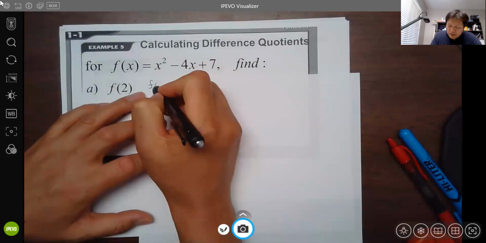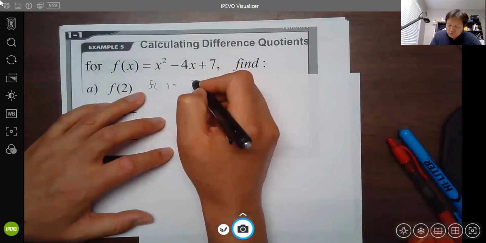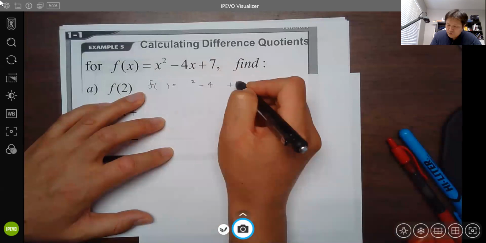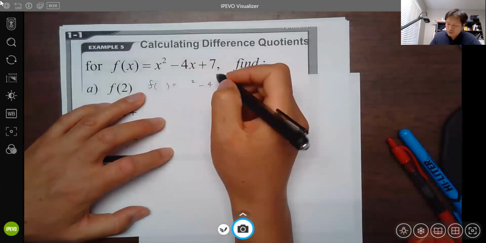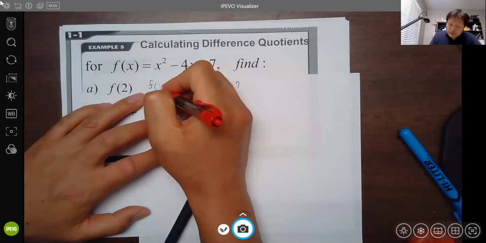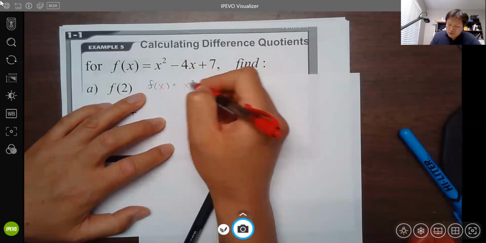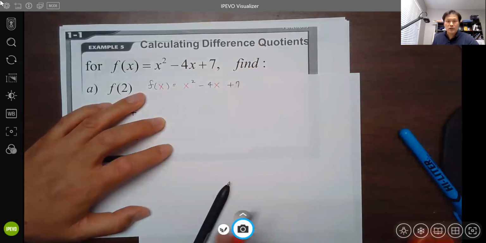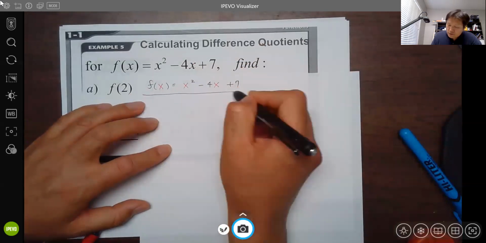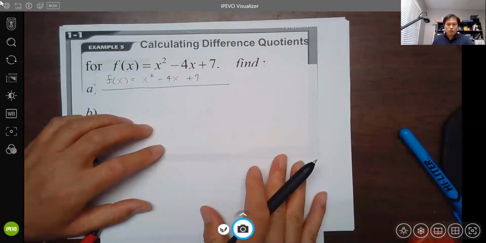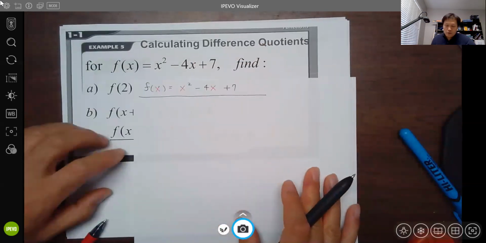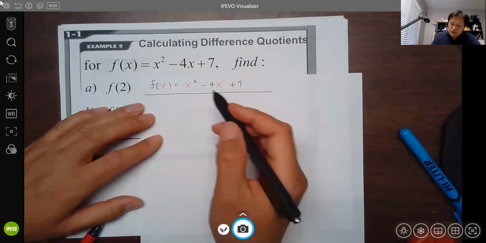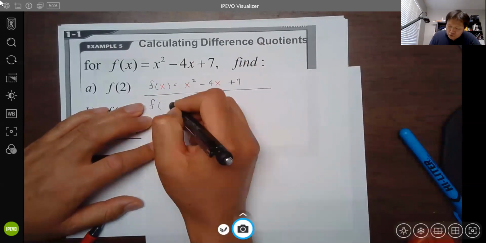So f of x equals x squared minus 4x plus 7. That's given. That's the question. Then what are you looking for? First one is f of 2.